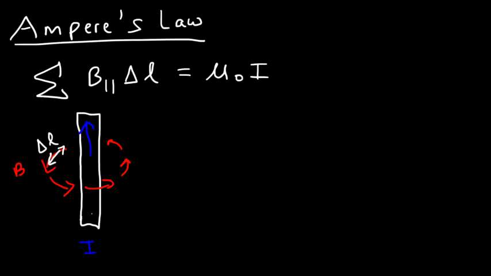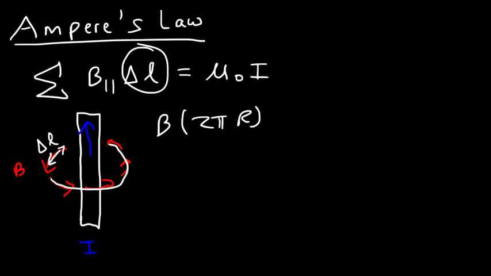So the path that the magnetic field travels is basically the path of a circle. So delta L is really 2 pi r if we add up all the small segments. So if we add up this segment plus that segment plus that segment, we're going to get the circumference of a circle, which is 2 pi r.